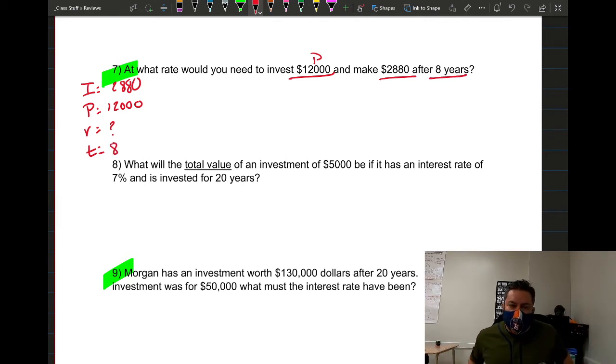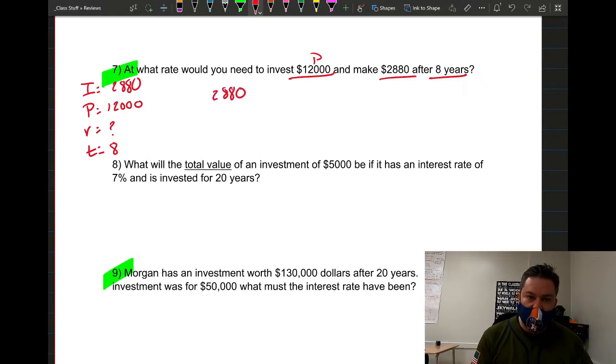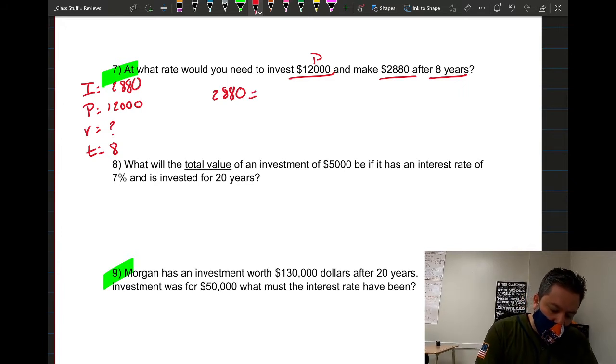So we're going to use the formula, fill in what we know, and then find the rate. So instead of I, I'm going to use 2880. This is one of the ones where we're going to have to work backwards. It equals the principal, 12,000. We're going to fill in everything that we know. The rate, I don't know.